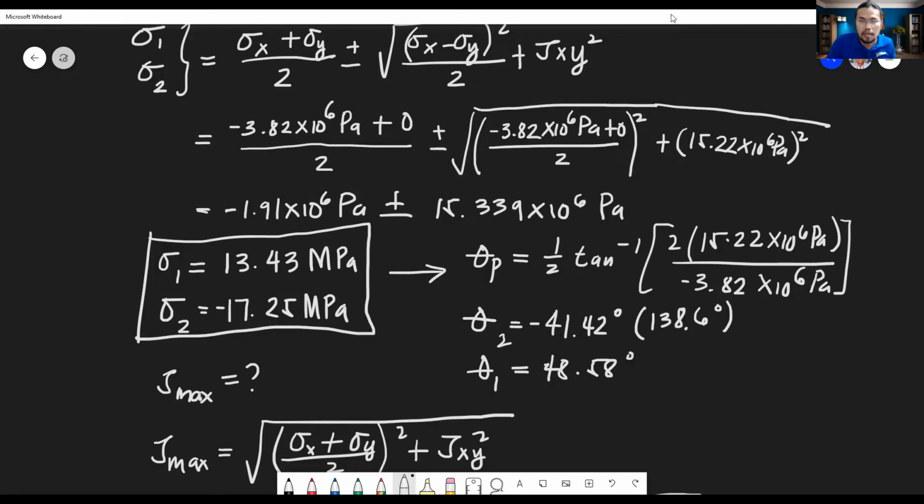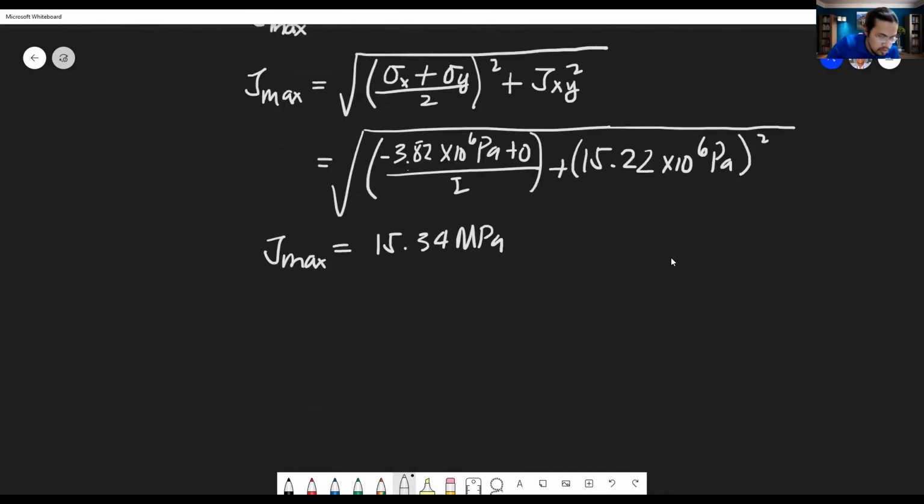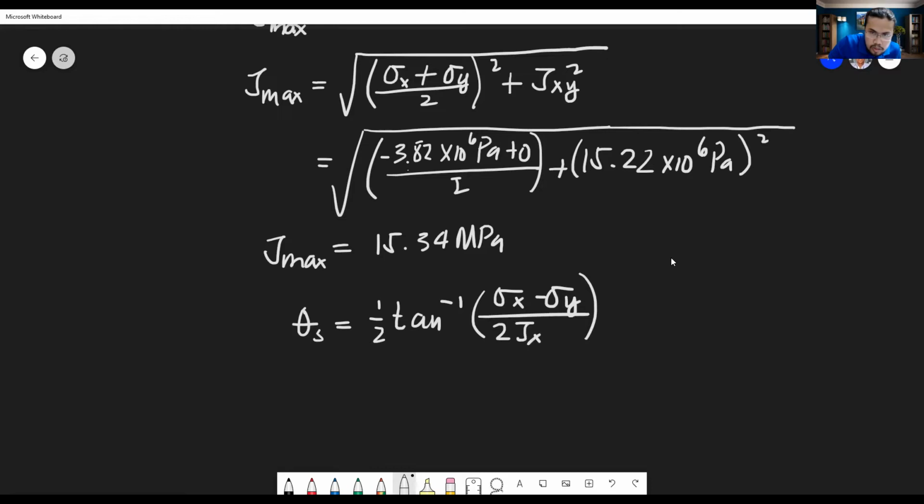Now for the shear, the direction is theta s equal to 1/2 tangent inverse of negative sigma x minus sigma y over 2 shear xy, where sigma x is negative 3.82 times 10 to the 6th Pascal, sigma y is 0, and the shear is 15.32 times 10 to the 6th Pascal.